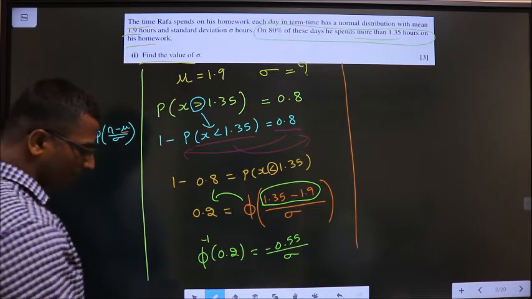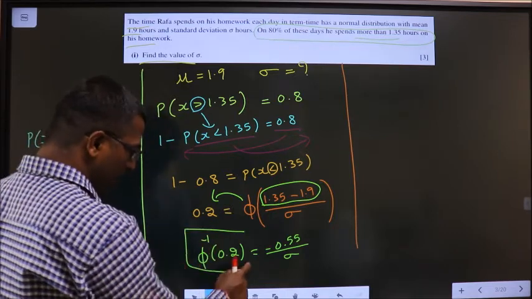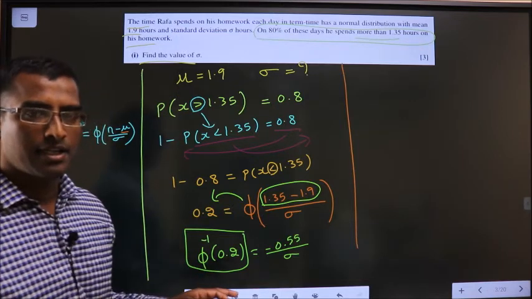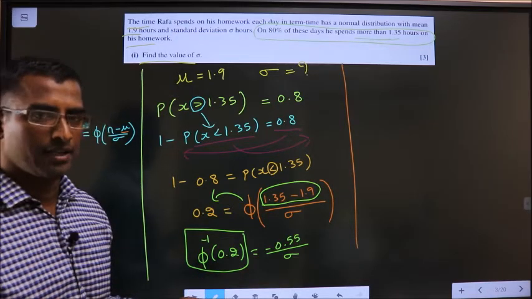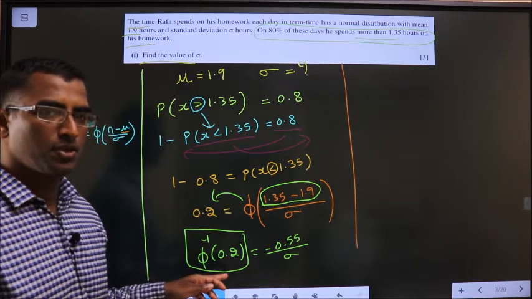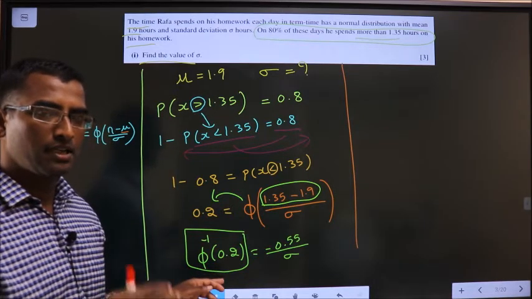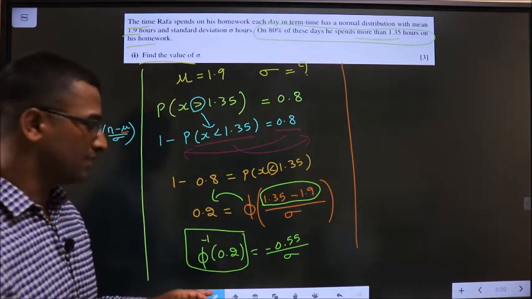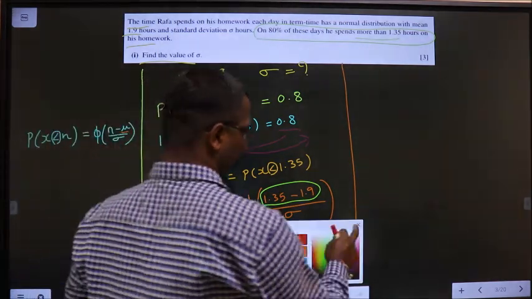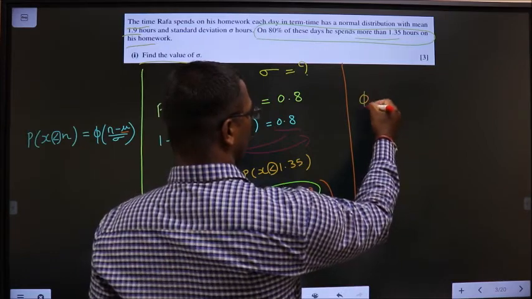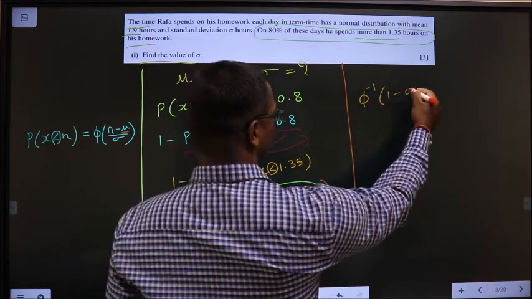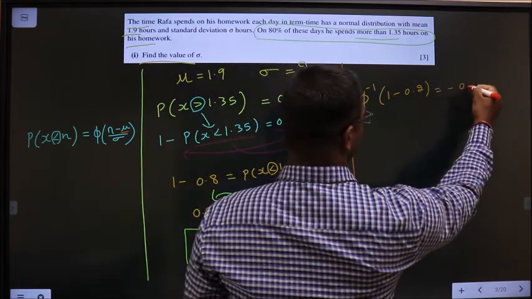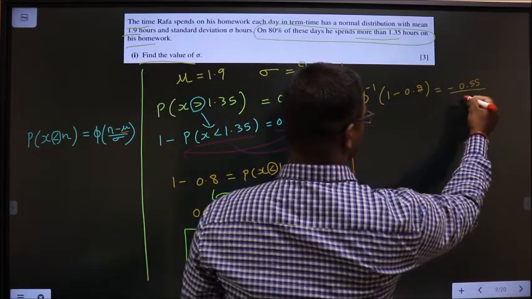Now, we have to get this value from the normal distribution table. See, our table starts with 0.5. This is less than 0.5. So to make this value come more than 0.5, what we should do is, we should do 1 minus 0.2 equal to minus 0.55 by standard deviation.